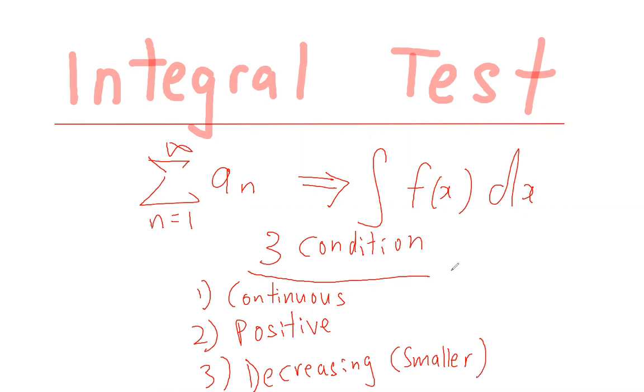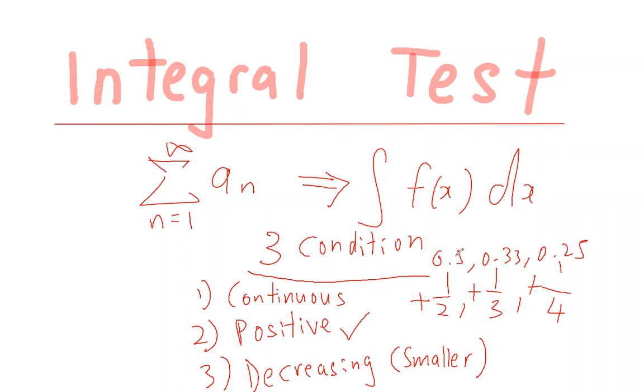Let me show you an example. Let's say we have a series 1 over 2, 1 over 3, 1 over 4, and you can see here all the numbers are positive, right? And it's getting smaller: 1 over 2, 1 over 3, 1 over 4 is like 0.5, 0.33, 0.25. Can you see the number is getting smaller?